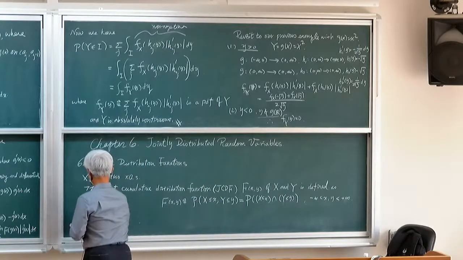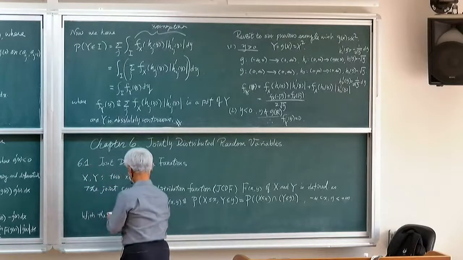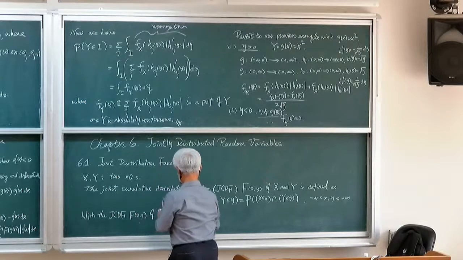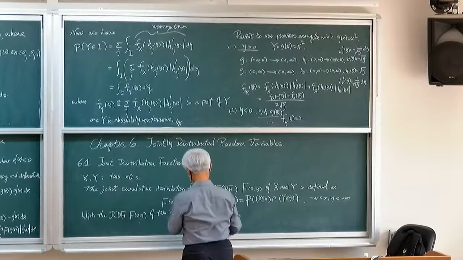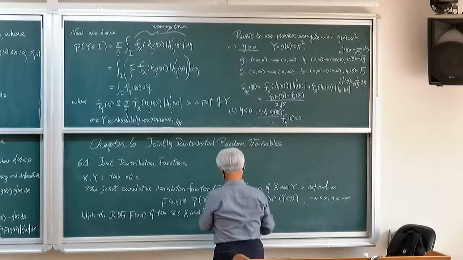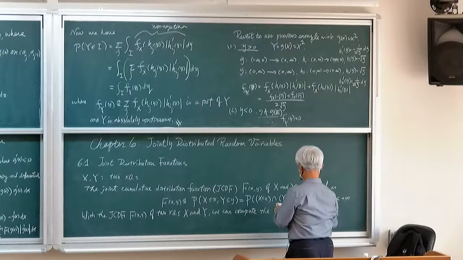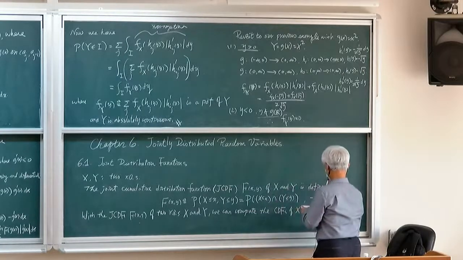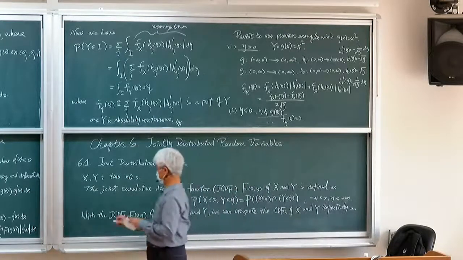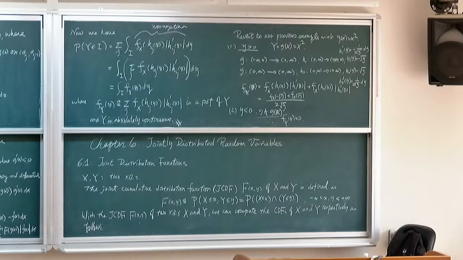Now, with the joint CDF F of x, y of two random variables x and y, we can compute the CDF of x and y respectively, all right, as follows. Okay, so we can do that in the following way.